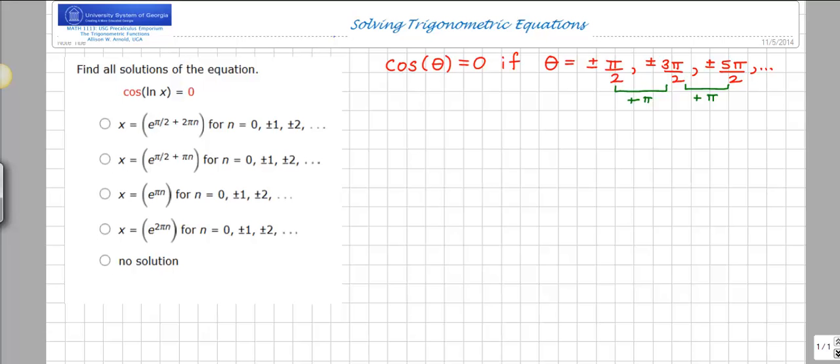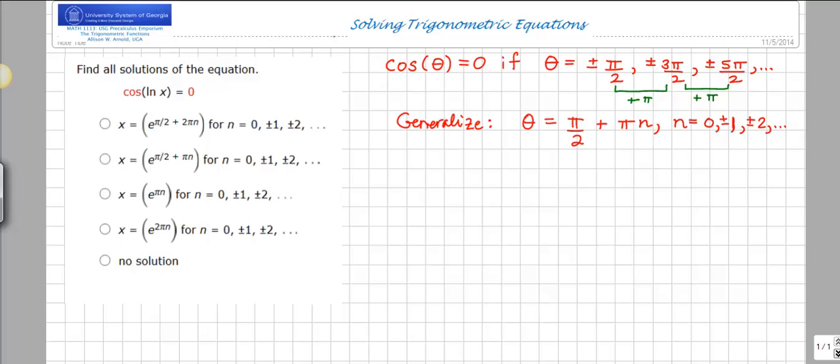So we can generalize the solution of where cosine is 0 by noting that we could have pi over 2 plus multiples of pi and allowing for both forward and backward rotations. Okay, so adding or subtracting pi.